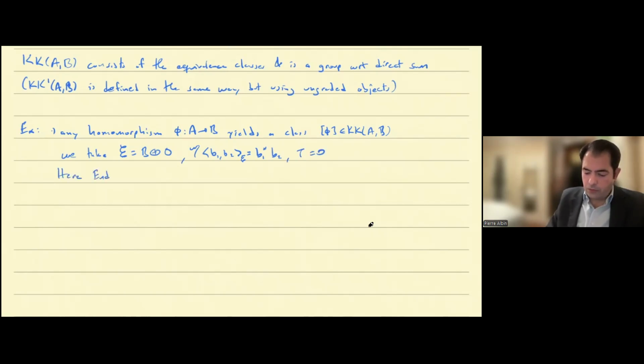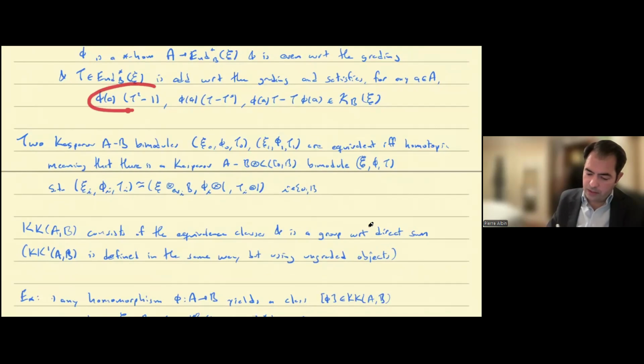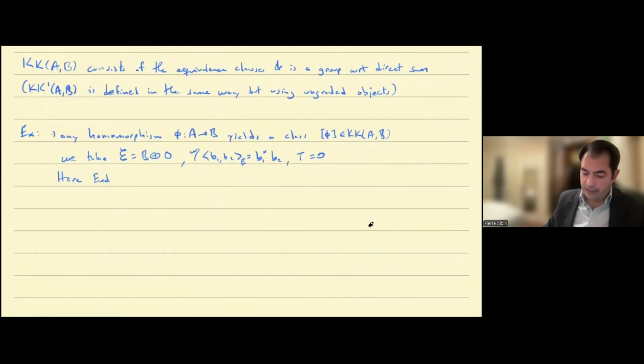So what you should worry about if you take 0 as your operator is that you need this to be a compact operator. So that means that if this is 0, we need phi of A to be compact.